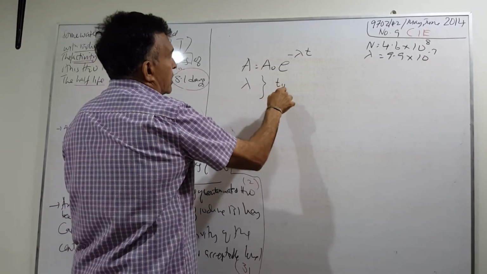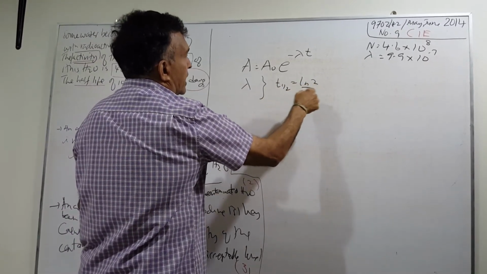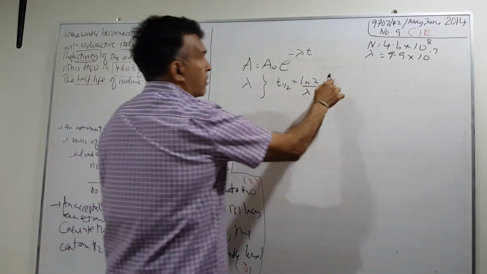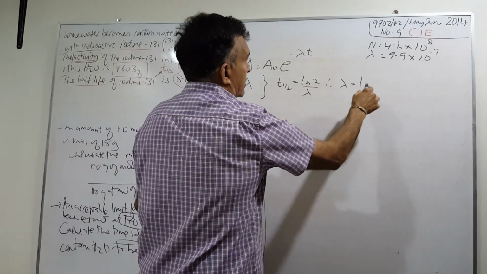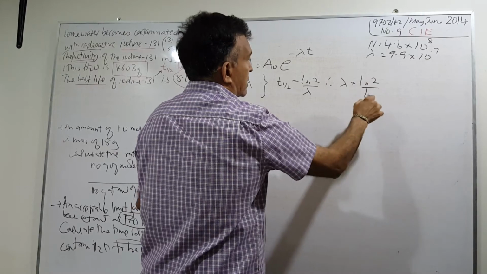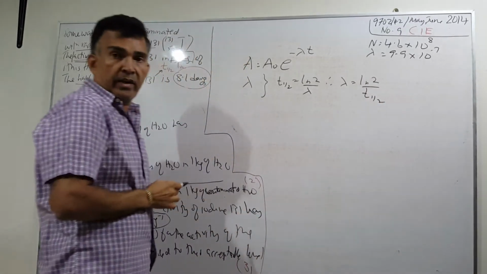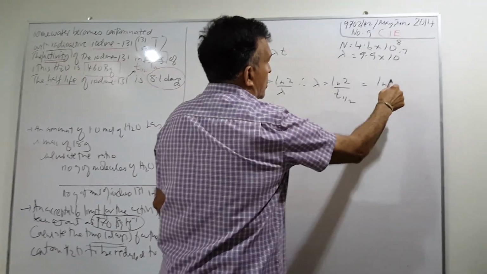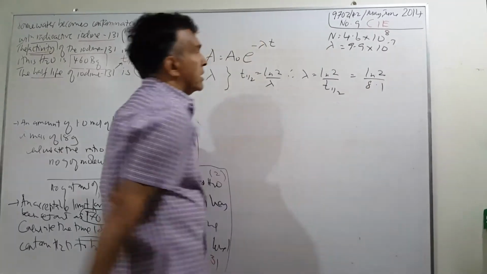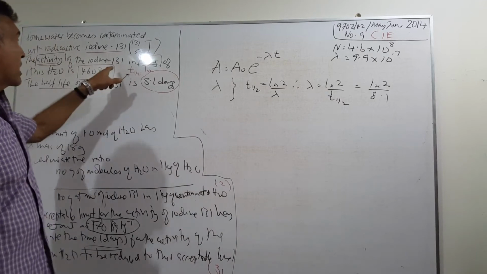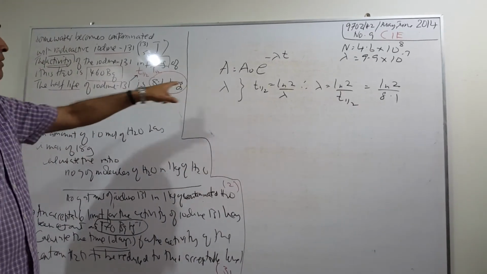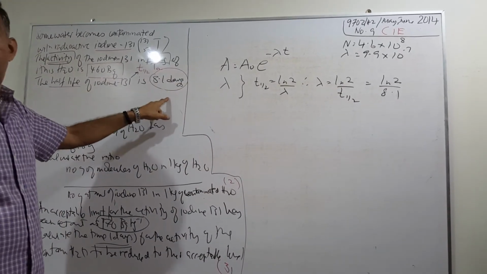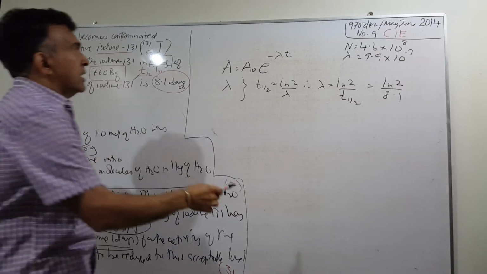Lambda comes from the formula T half equals ln 2 over lambda. Therefore, lambda will be ln 2 over the half-life, which we are given in this problem as 8.1 days.